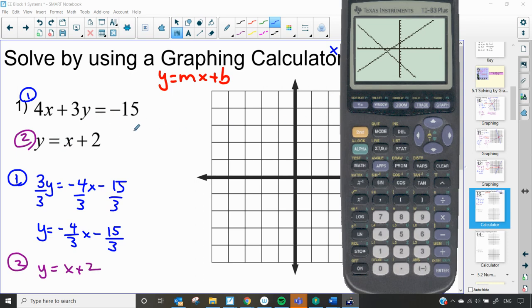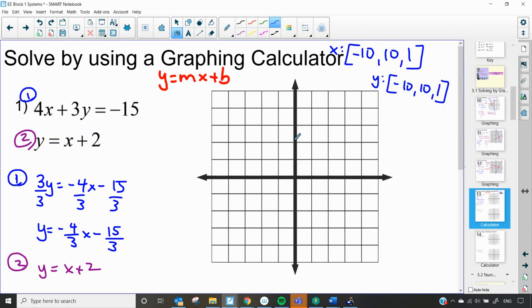So for example, this one here, if I wanted to verify, I'd have x plus 2, up 1, right 1, and so on. Okay, and I'll do a quick sketch here. I got that one there, and then the other graph, I was at negative 15 over 3, which is actually y equals negative 4/3 x minus 5, so that can be reduced.